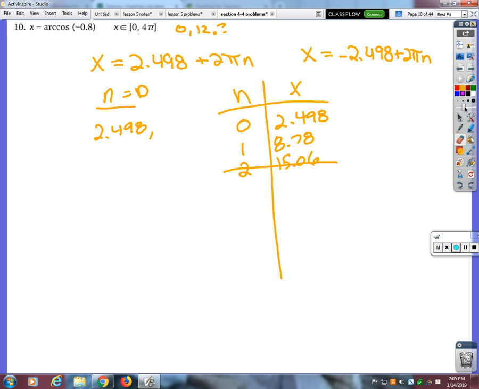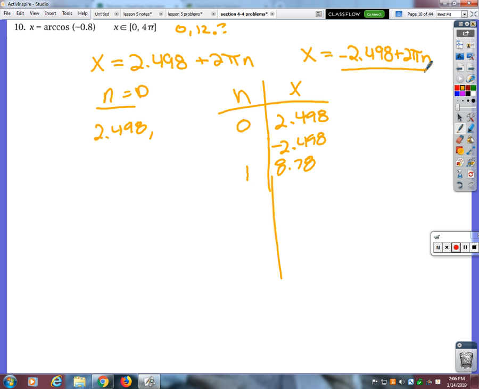When we plug in 0 for n, we actually get two answers: 2.498 and negative 2.498, because one is when this is positive and one is when this is negative. Now when I plug in 1, Cody said 2.498 plus 2 pi was 8.78. But we also have to plug 1 into n for the other one.